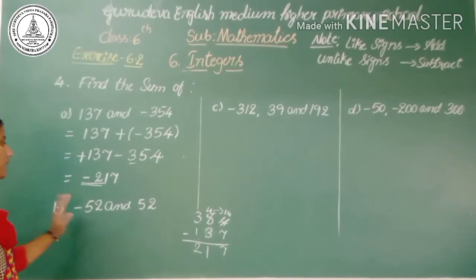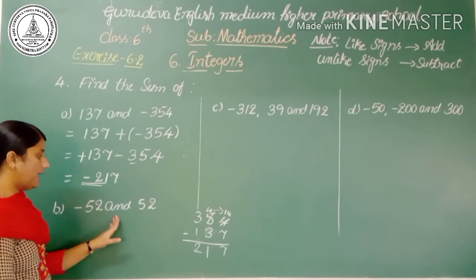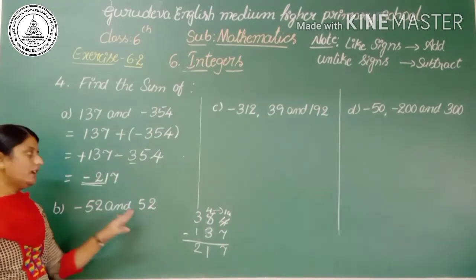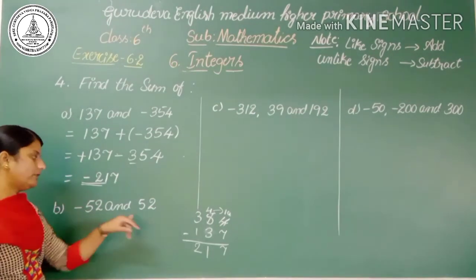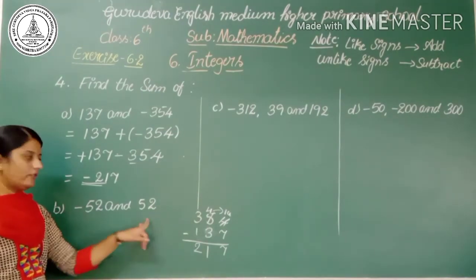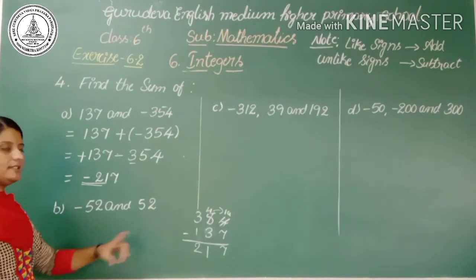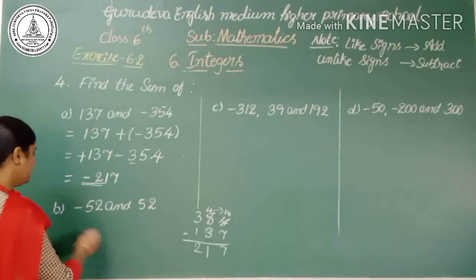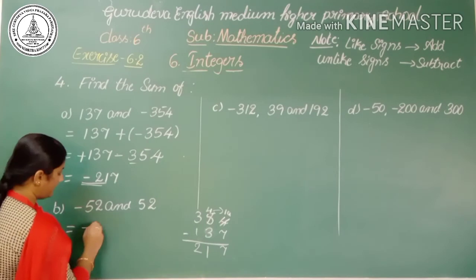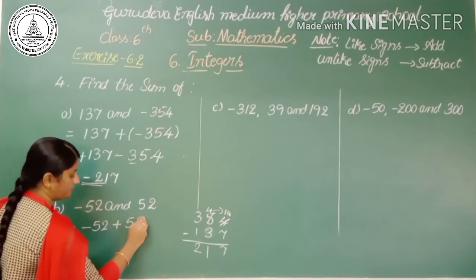Okay. Then let's see the second question. Minus 52 and 52. We can see here minus 52 and 52 are additive inverses of each other, right? What is the sum of these two integers? That is 0. Which is equals to minus 52 plus 52.